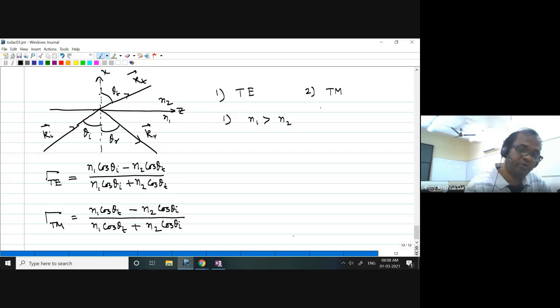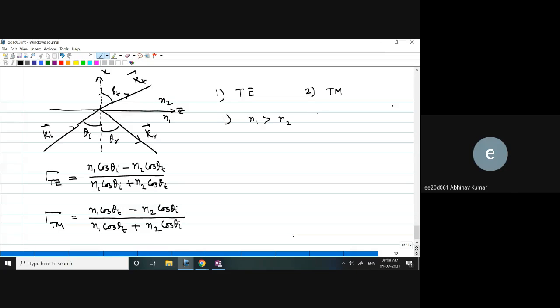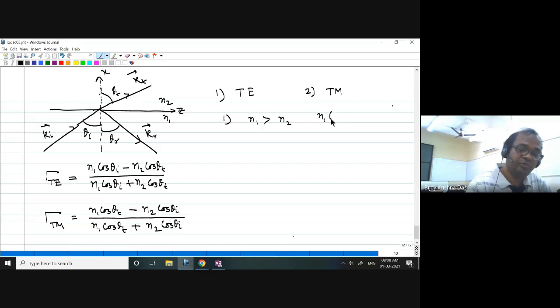From Snell's law, it is actually N1 sine theta I equal to N2 sine theta T. So obviously when N1 is greater than N2, we can say that theta I should be less than theta T. Is that correct? Because to satisfy Snell's law, this is your Snell's law.